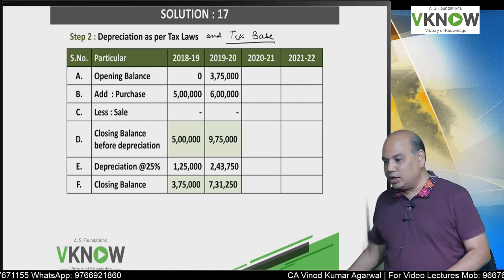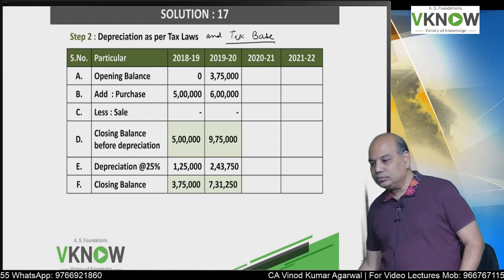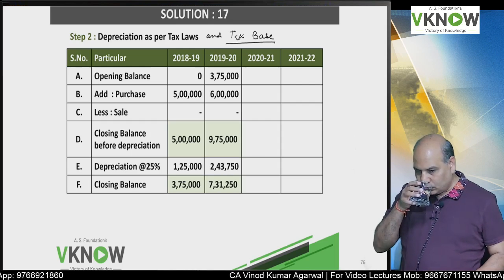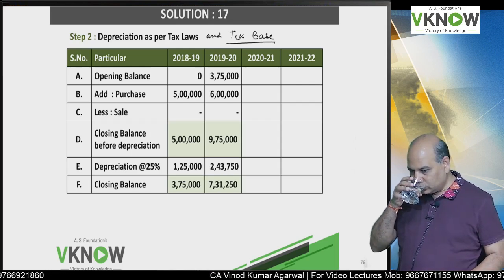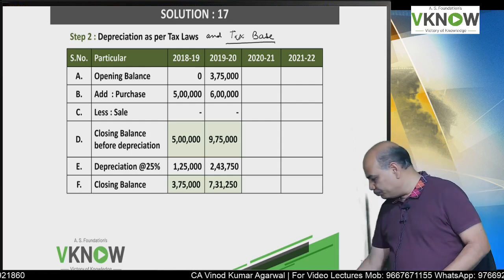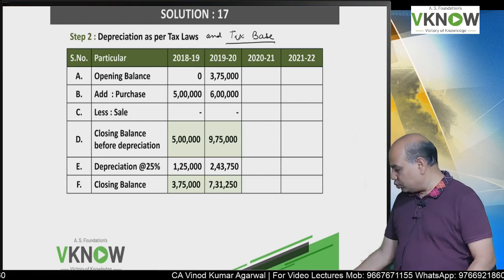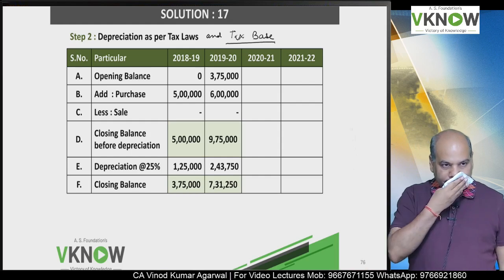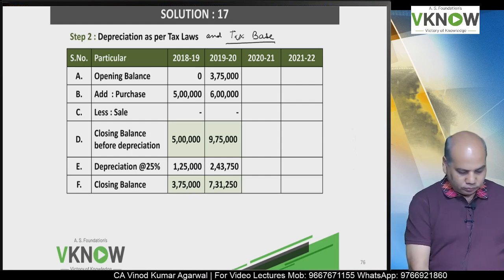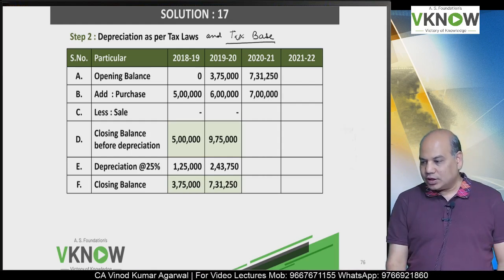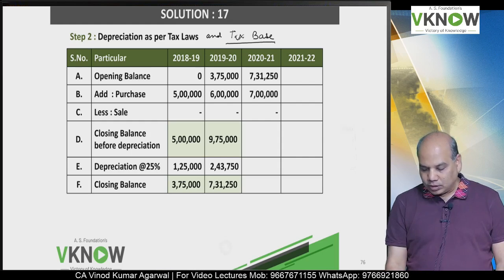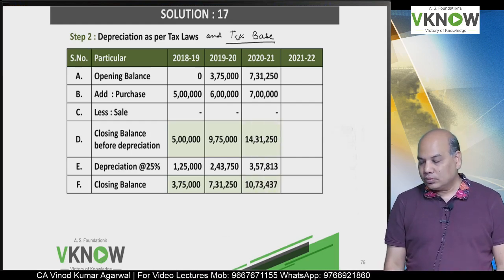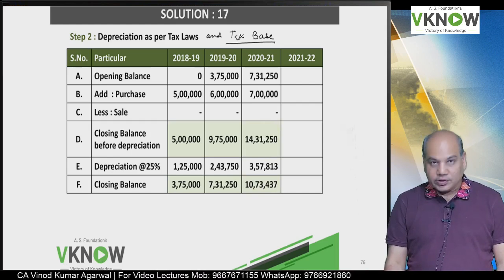Remaining 2 years on your own. Now check the answer if you have done. If you have not done, then write it. 1073,437, is it right?